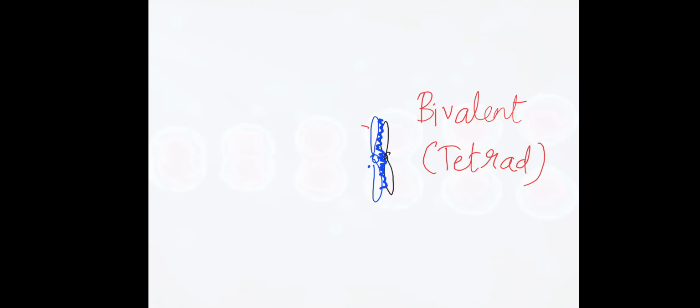Now this results in a bivalent, which sometimes is called a tetrad. Tetrad means that there are 4 arms. Now it has become 2, so it is known as a bivalent.